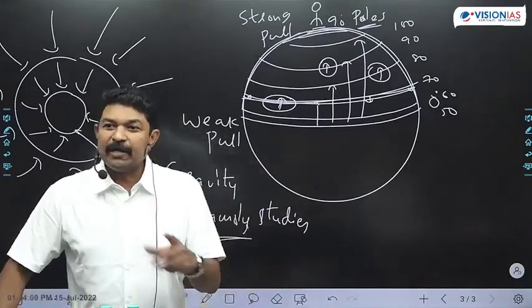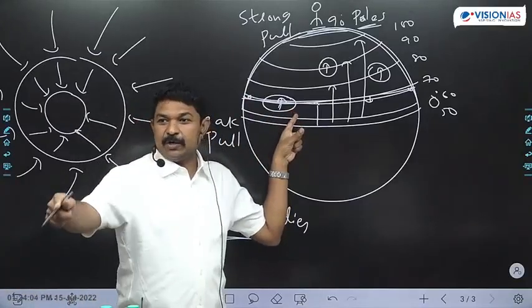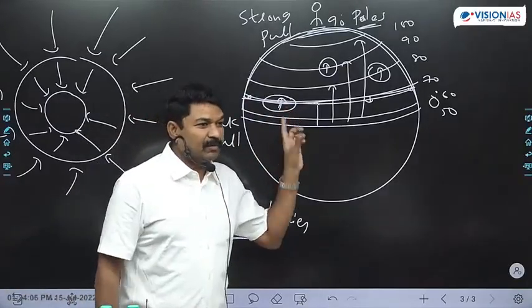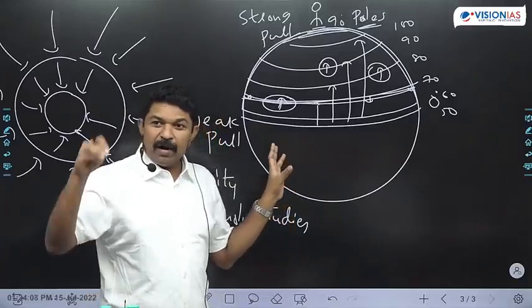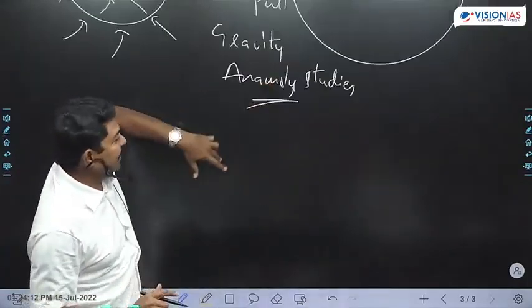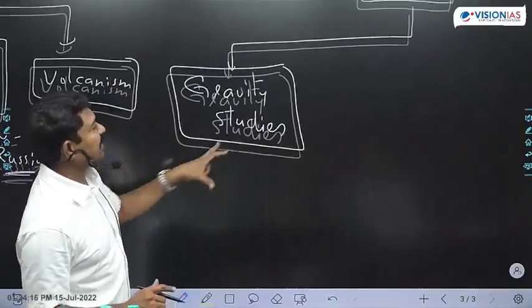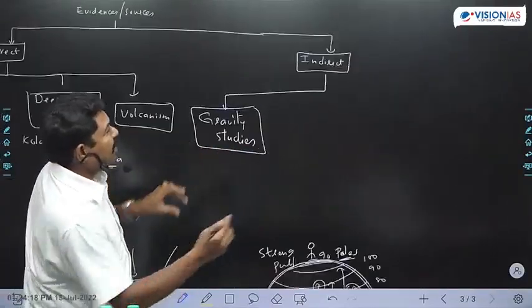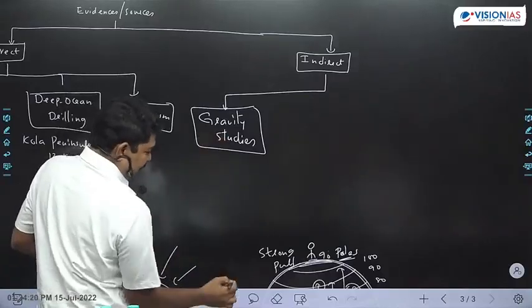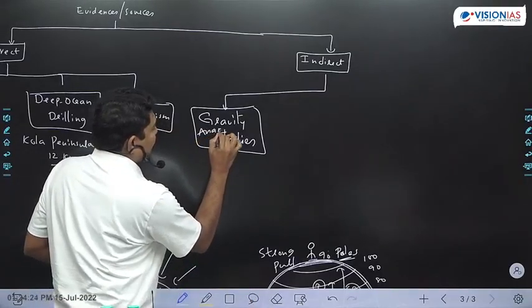Now we came to know that in this part of the world, some material is denser and so the gravity is more. Is it clear? Meaning, it is giving some information about the Earth's interior. This is the first indirect evidence. This is called the gravitational or gravity anomaly. Write down as gravity anomaly study.